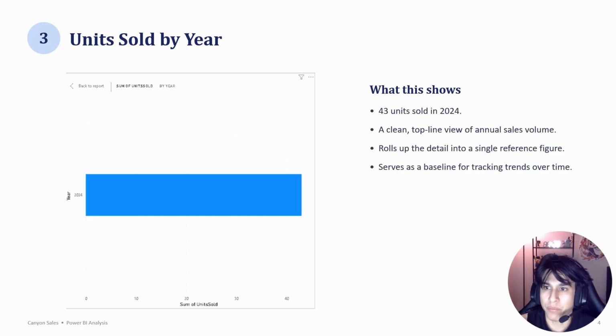Next, we're going to take a look at units sold by year. This chart summarizes our total sales volume at the yearly level. It shows 43 units sold in the year 2024. Presenting the data this way gives us a clean top line number for the year, a single figure that management can use as a reference point, a medium or mean.